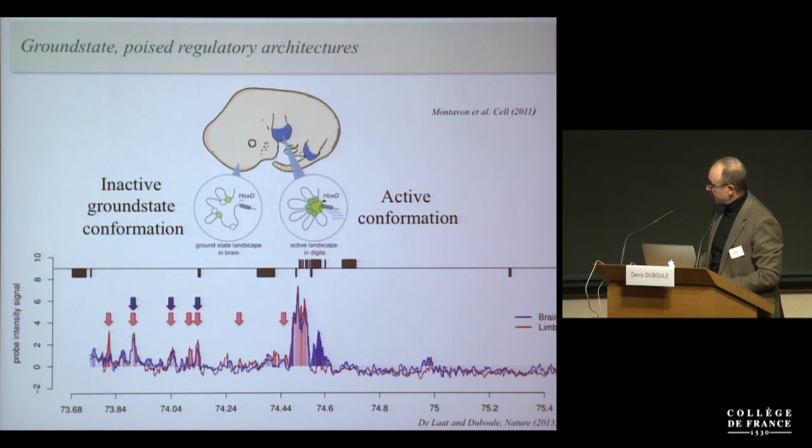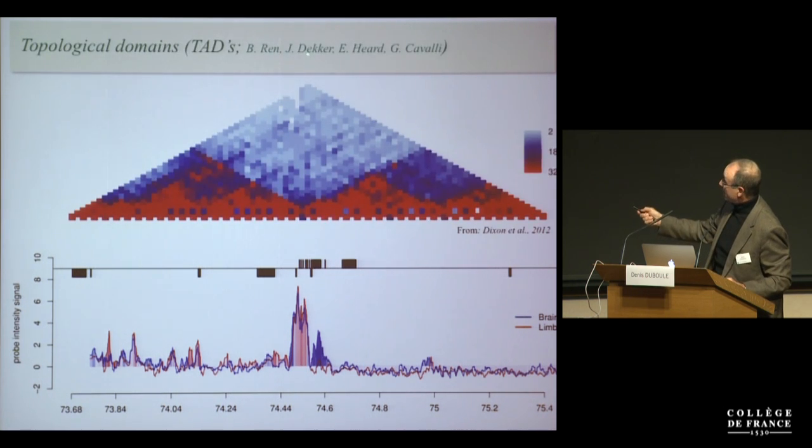Now, 1 year after the publication of this data, a very interesting series of papers were reported from the laboratory of Bing Ren and a collaboration between Edith Heard's laboratory, Job Dekker and also Giacomo Cavalli.